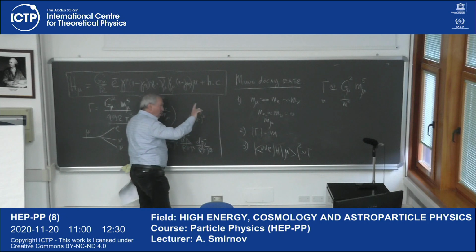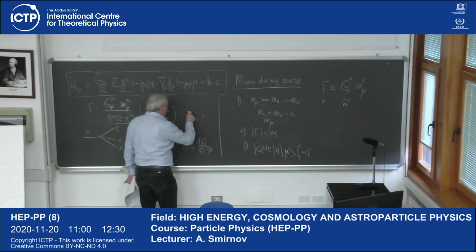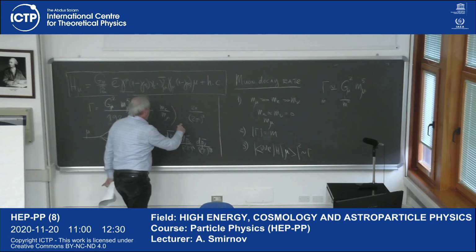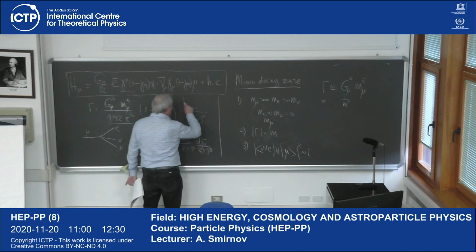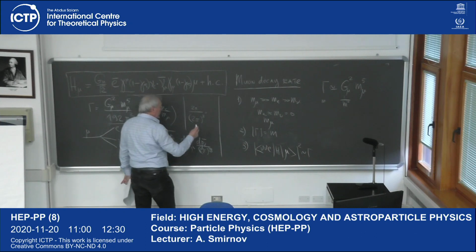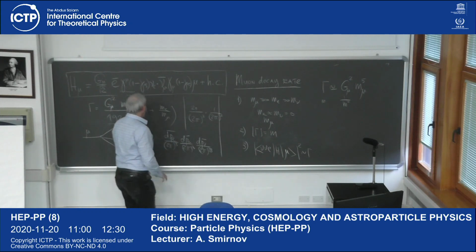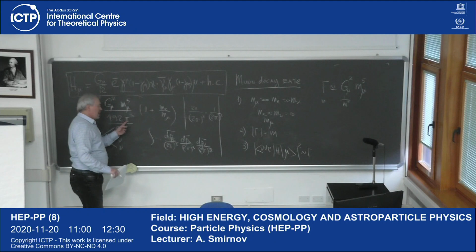When we do our angular integration, we have 2 pi in the denominator when we integrate over the azimuthal angle. And so instead of pi, we have pi to the 3rd power. Okay?